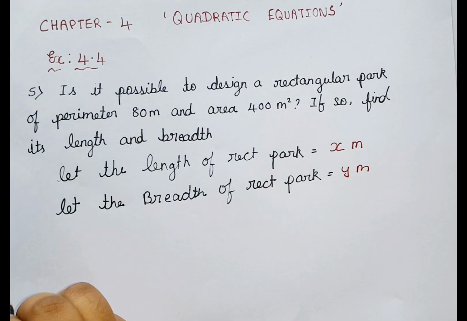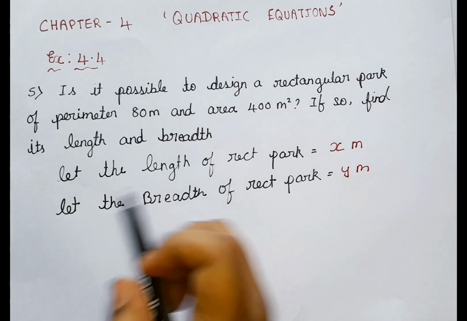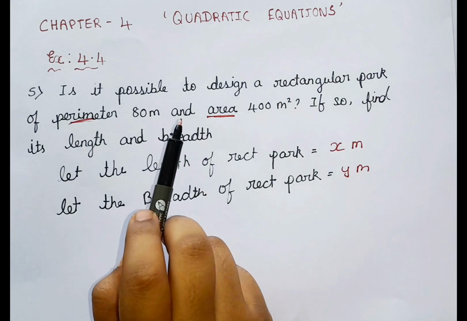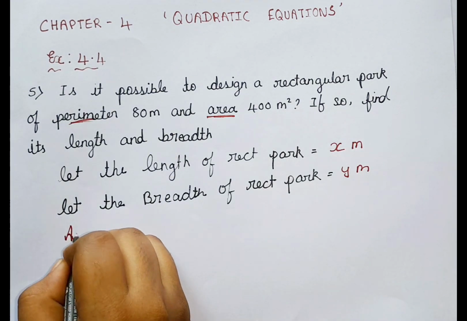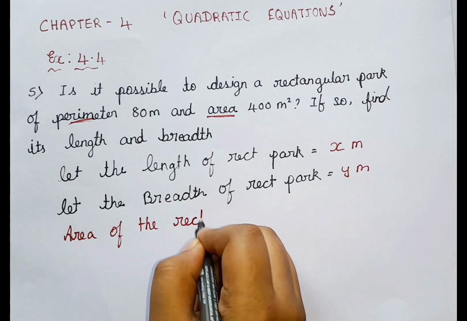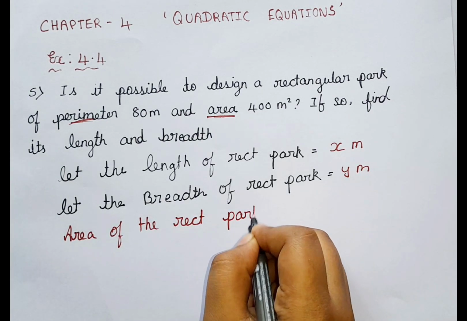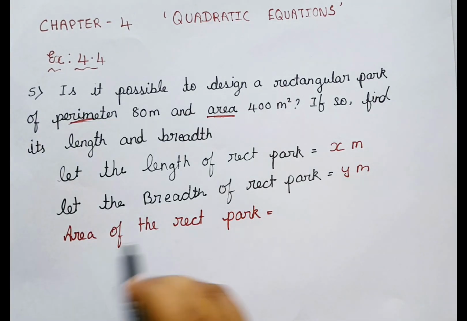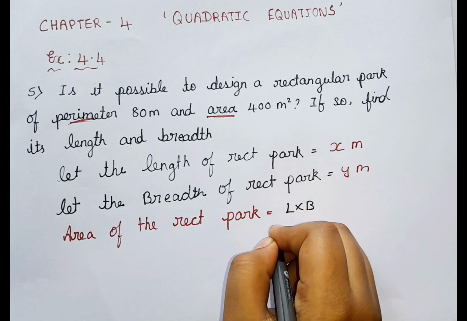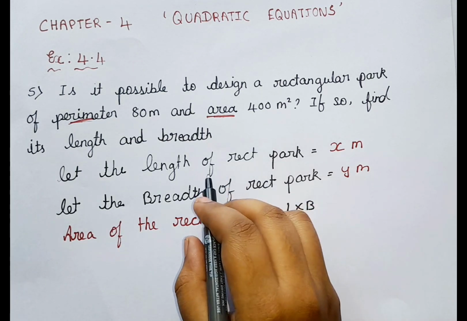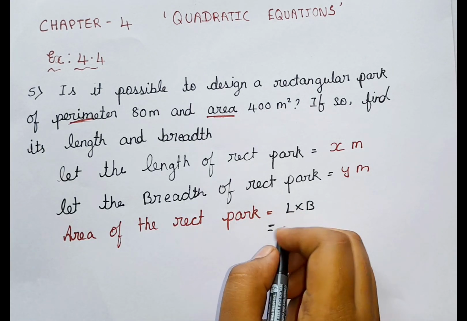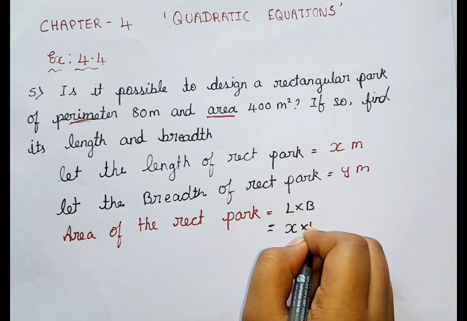Now we can read the question properly. Here they are talking about perimeter and area, so let's write the area of the rectangular park. What is the formula for the area of a rectangle? The formula is L into B. Here we took L as x and B as y, so x into y.